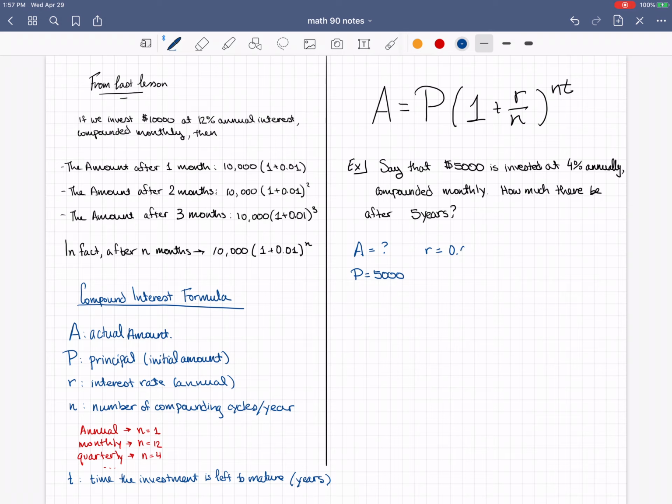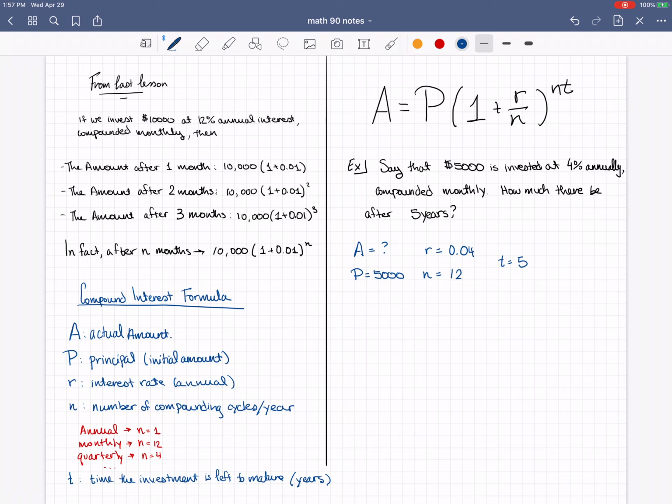I'm going to go ahead and write it as a decimal since the percent symbol is good for notation, but it's not actually used in calculations. N is the number of compounding cycles per year, so since we're compounding monthly, N is 12. And then lastly, T, the time that the investment is left to mature, is 5 years. That's given to us here, so T is 5.